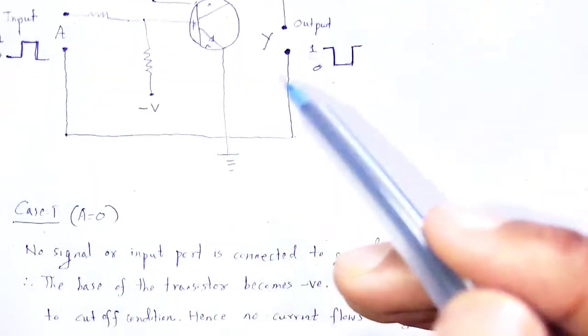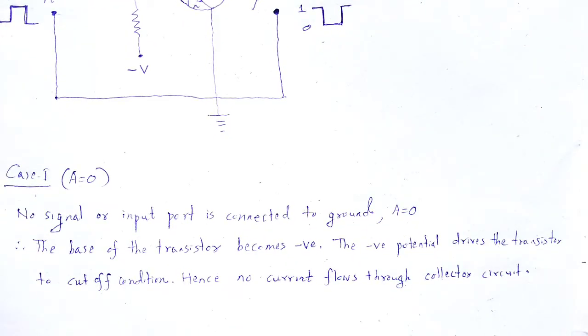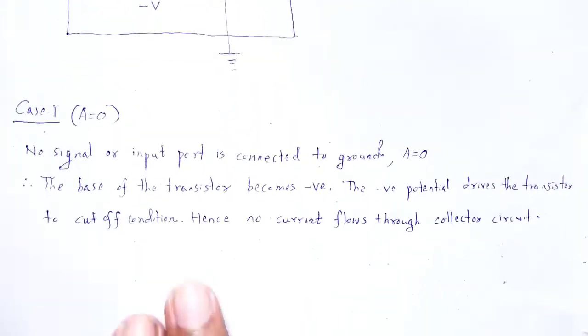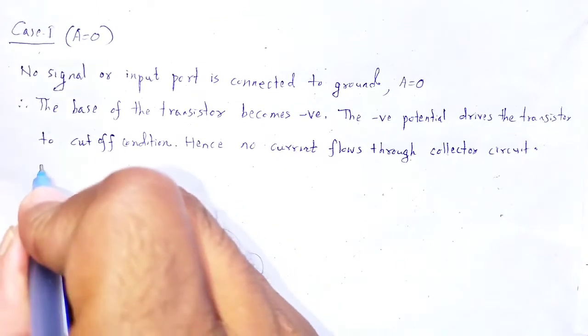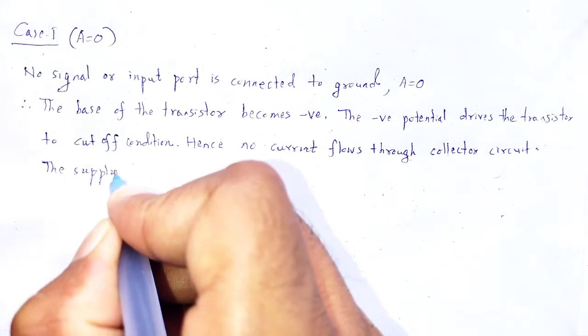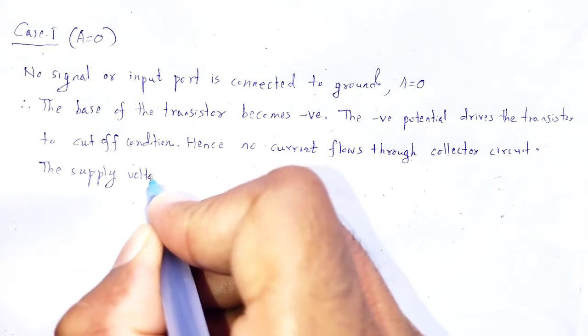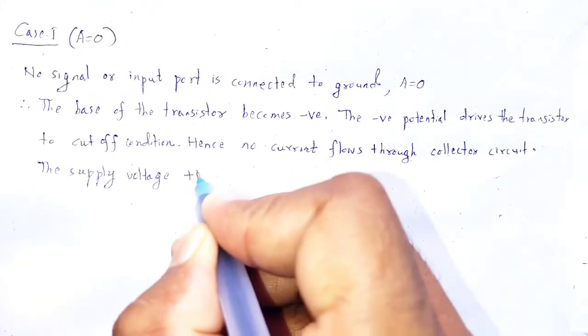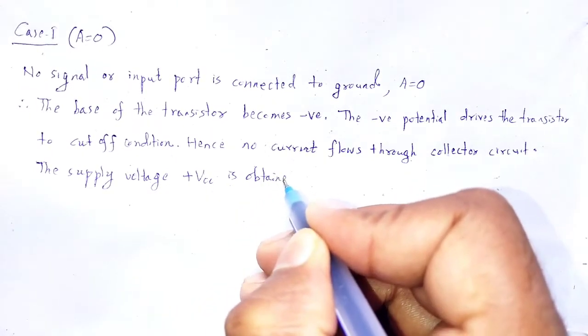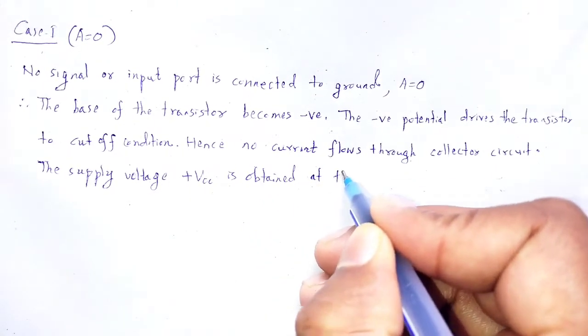In the collector circuit there will be no current flow, and the supply voltage plus VCC is obtained at the output.